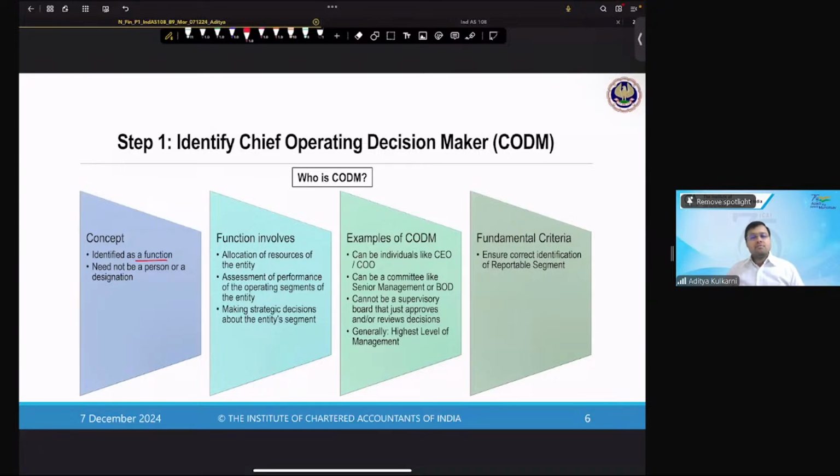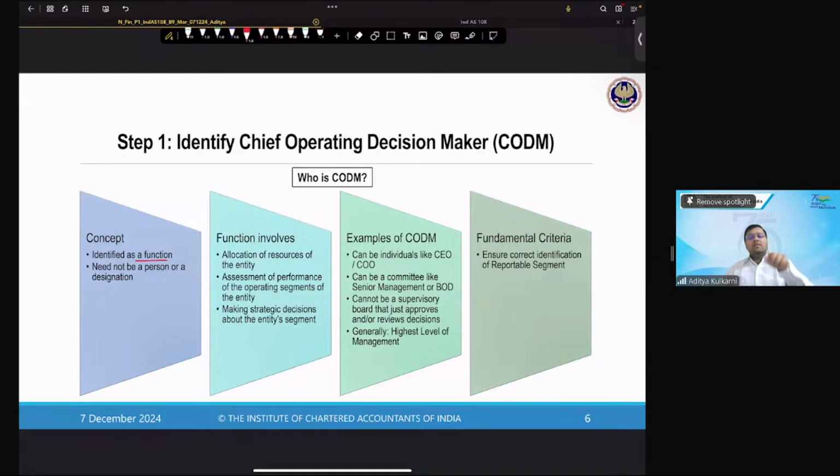Answer is no. CODM will still be there. Their designation could be different. For example, they would say head operations, or they could say operations manager, or they can give any other name under the sun. They can give a name like business unit head, or whatever XYZ.